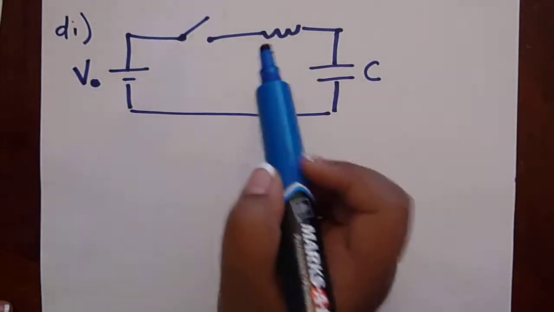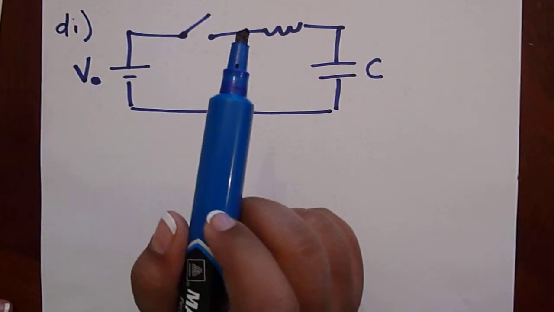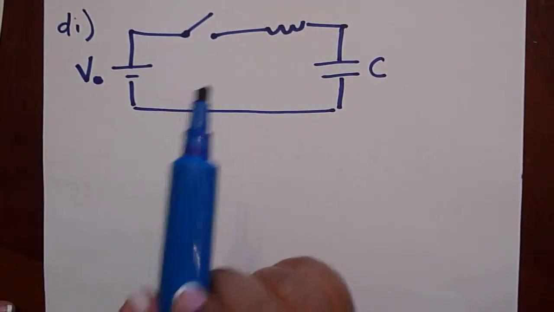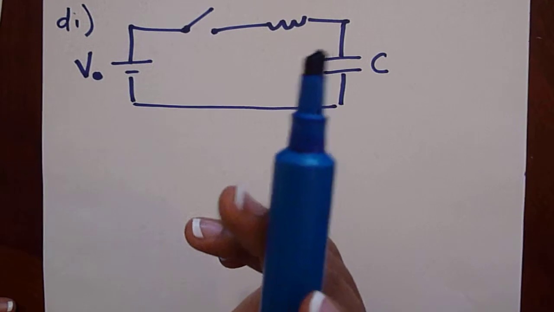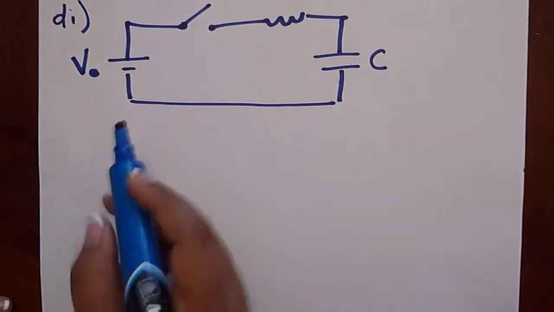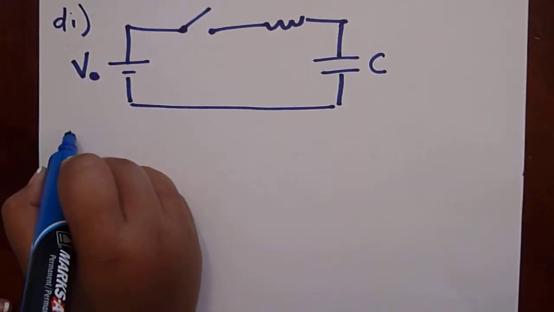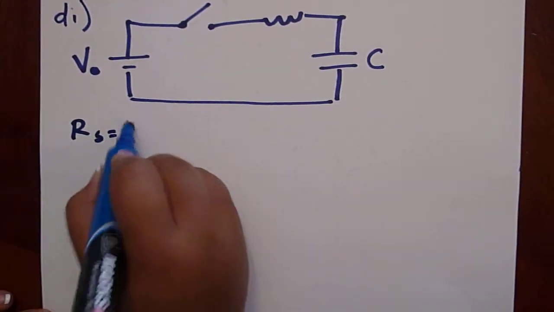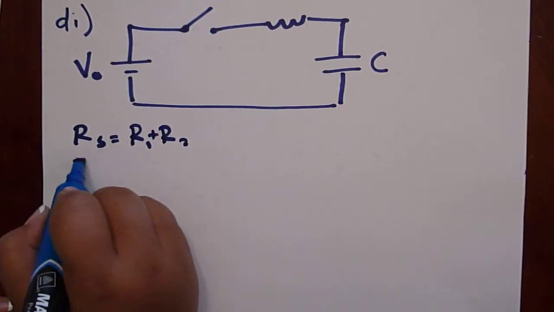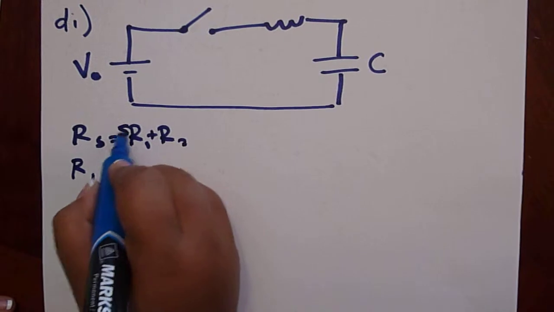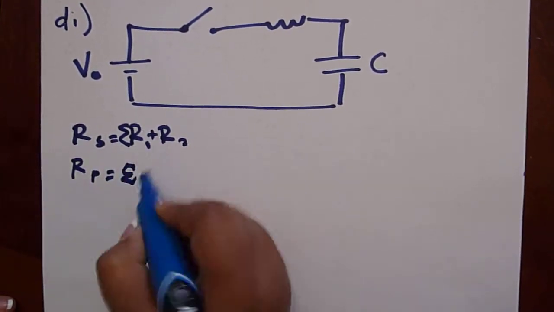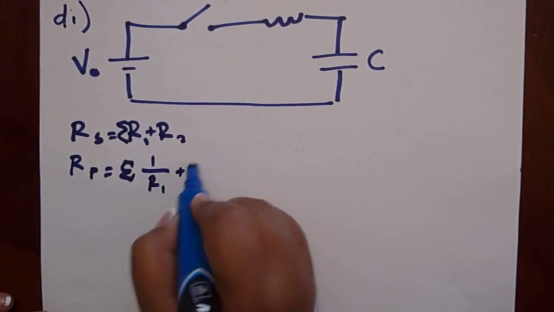A quick thing to remember: for part 1, we can add any resistors necessary in order to make the capacitor get charged faster. A quick review for resistors: if you have resistors in series, you add the resistors together. If you have them in parallel, you add 1 over each.